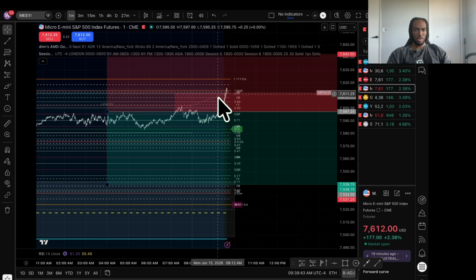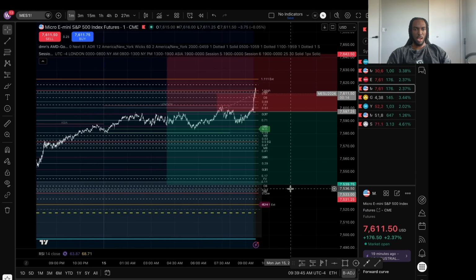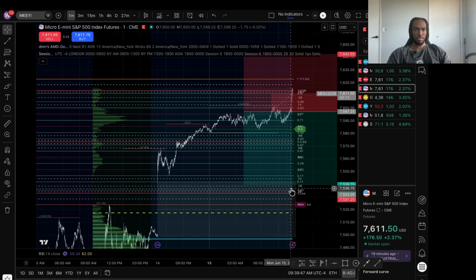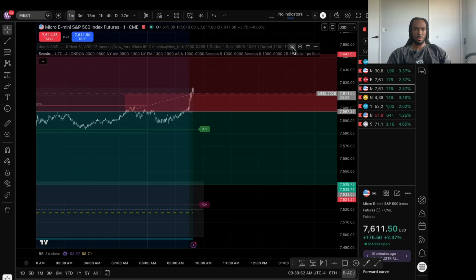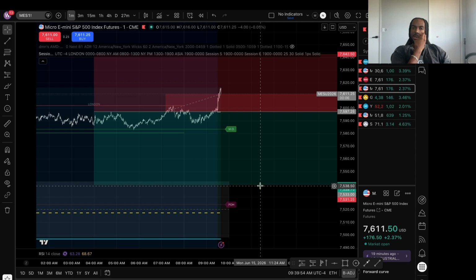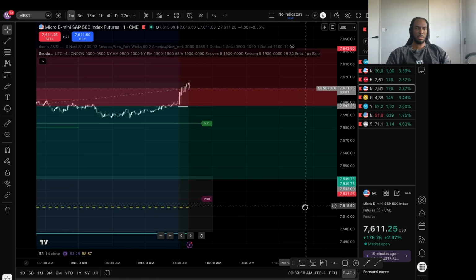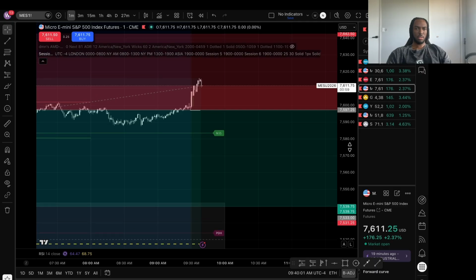Yeah, price respects these levels 90% of the time. Let's see what happens here. We're finally getting the rejection. Guess we'll see.